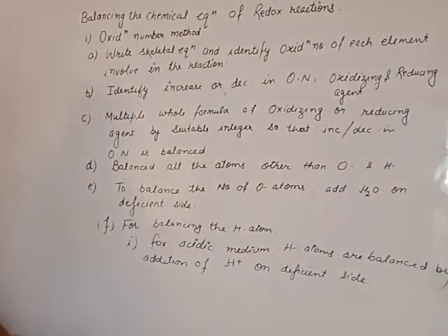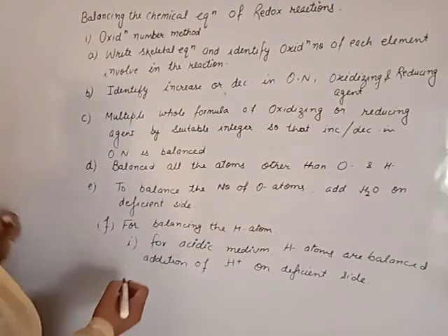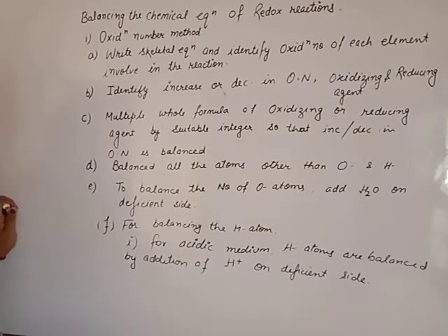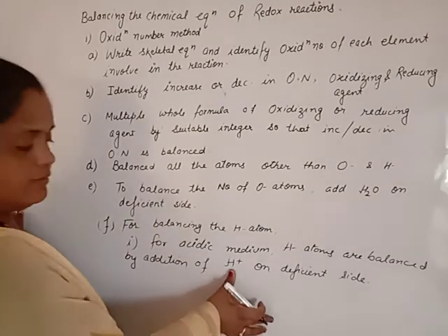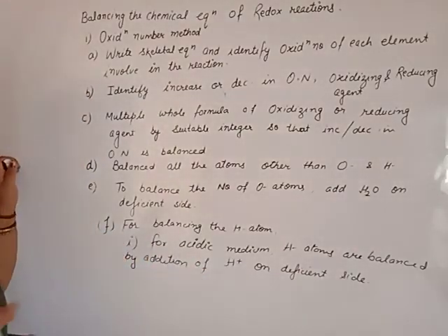That means if reaction mixture is acidic, then hydrogen ions are simply added on deficient side. As the number of hydrogen is less, hydrogen atom is balanced automatically.